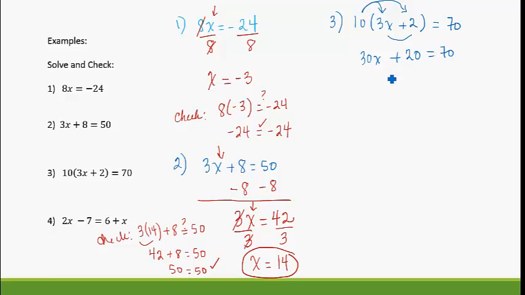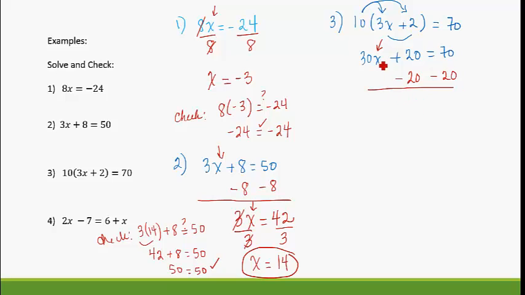Then I want to get my variable terms on the left-hand side and my constant terms on the right-hand side. I tend to move my constant terms to the right-hand side. My variable is x, so the first thing we want to do is remove everything from this term. So I'm going to subtract 20 from both sides.